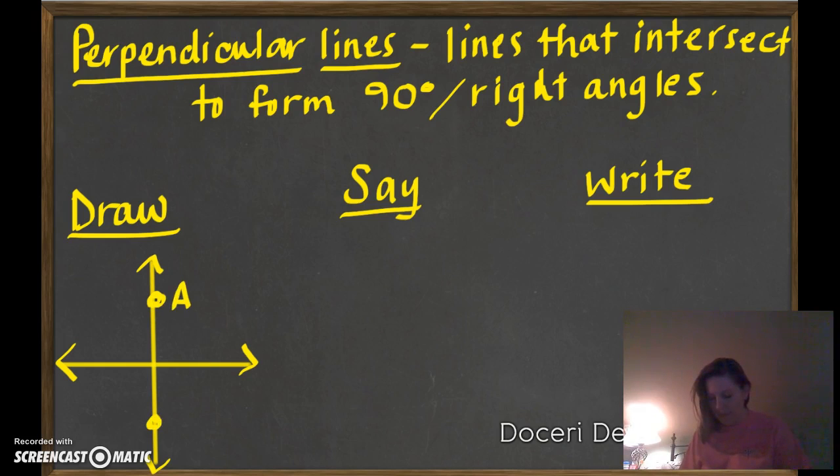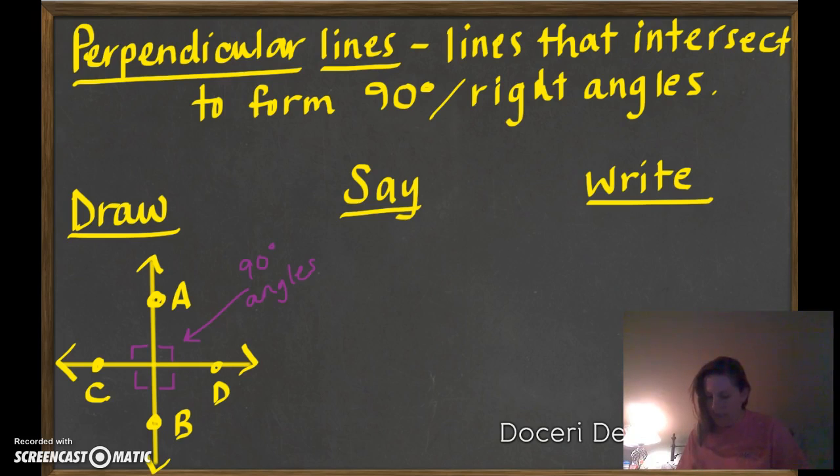So we're looking at line AB and line CD. And you can see that they intersect in such a way that it's forming four 90-degree angles. And those little boxes that I've just drawn mean 90-degree angles. When you see that little box, that's what it means.